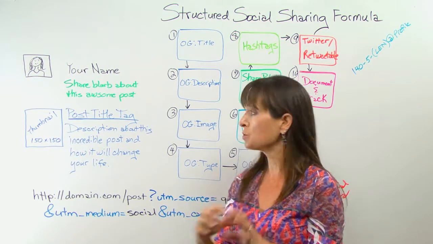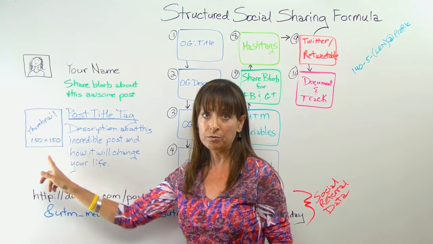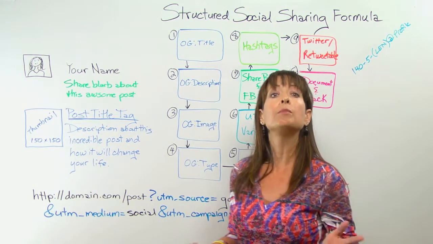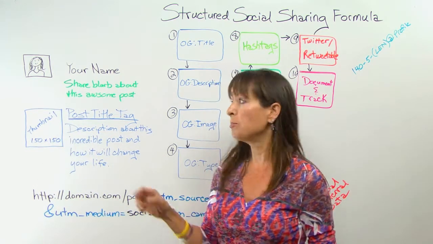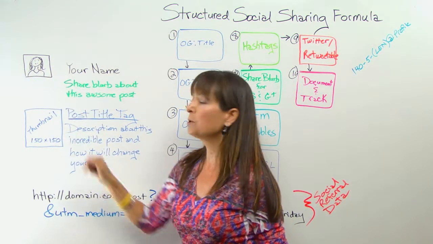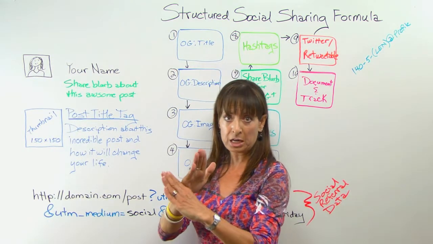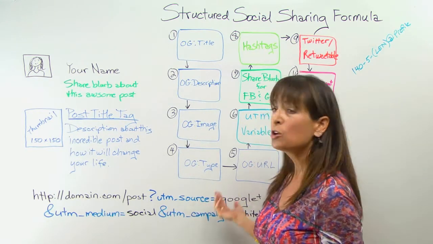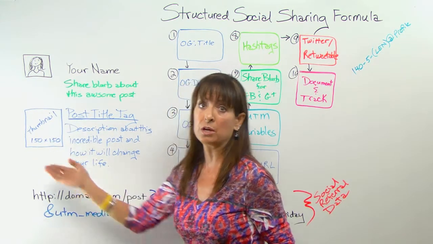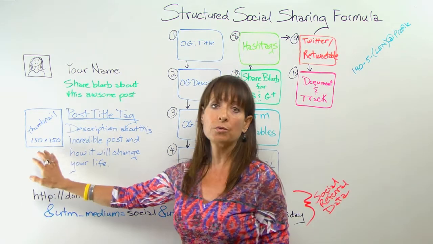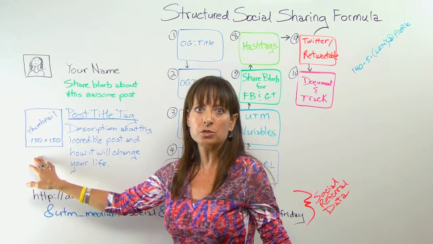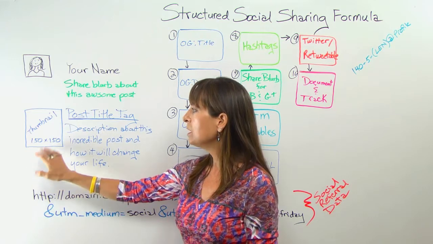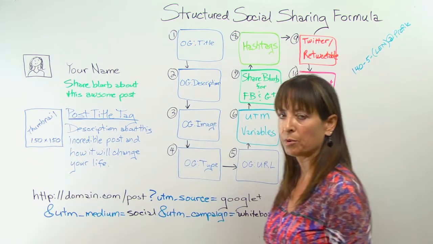Let's say the image is too small and it's not 150 by 150, maybe 110 by 110. Then it'll show up on Facebook and you'll have an image, but Google Plus either won't put anything or they're going to draw another image from the page. And if you have ads on your page, you may end up with an ad showing there instead. This is where you can really rock your engagement, because images are everything and people are looking at them. So it's important to get that right and remember how they're working.